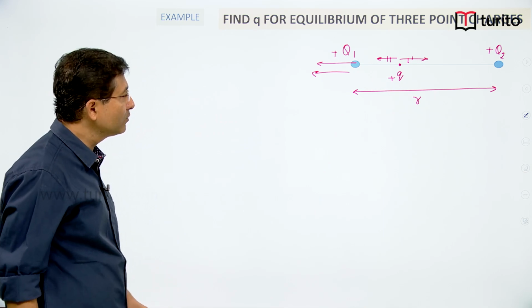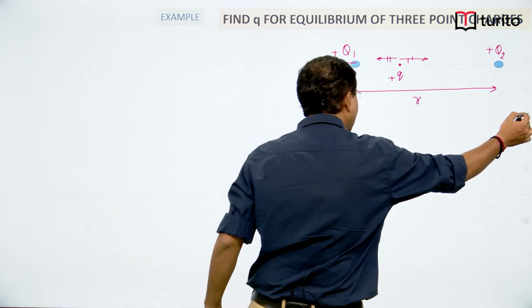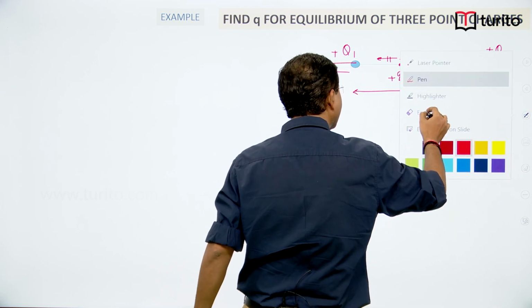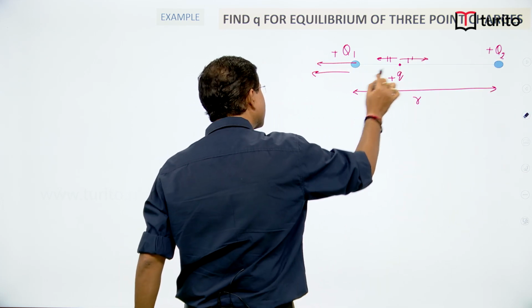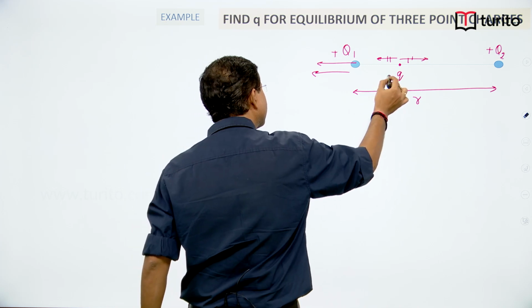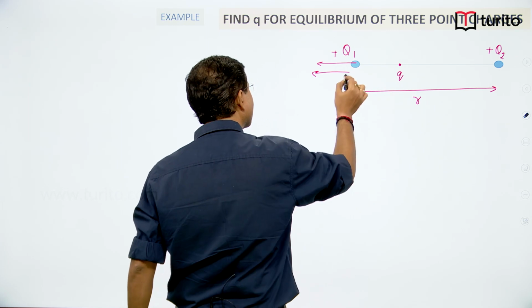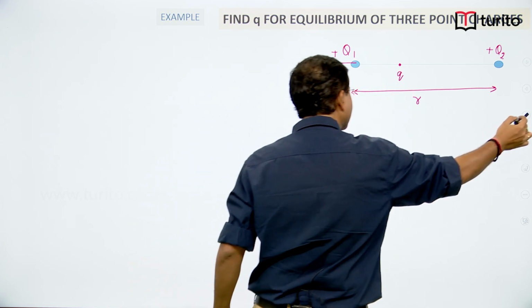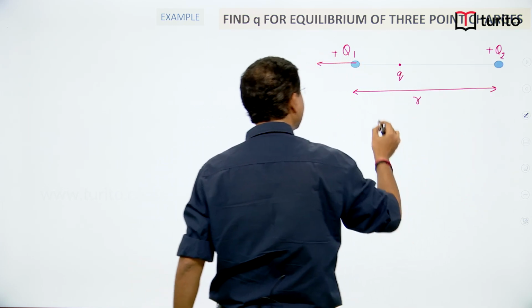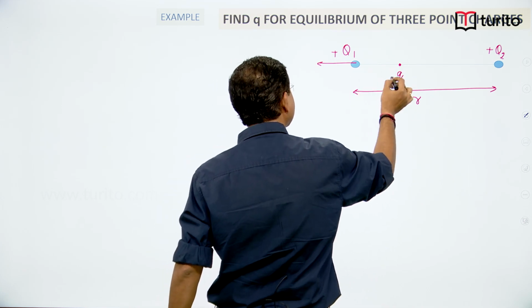So what we can do is, instead of placing a positive charge here, place a negative charge here.